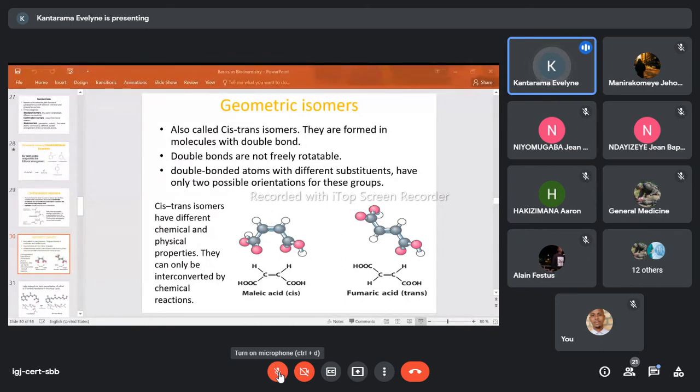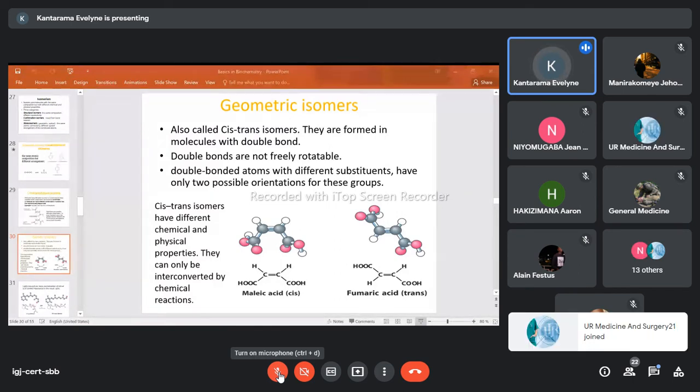will make either a cis configuration or a trans configuration. Cis-trans isomers have different chemical and physical properties. They can only be interconverted by chemical reactions.